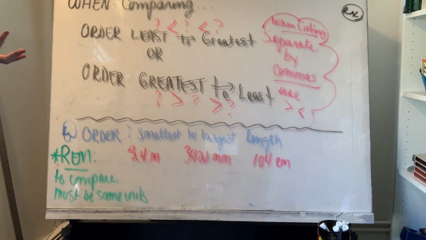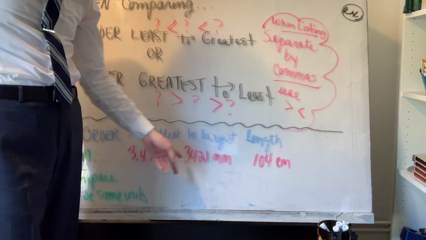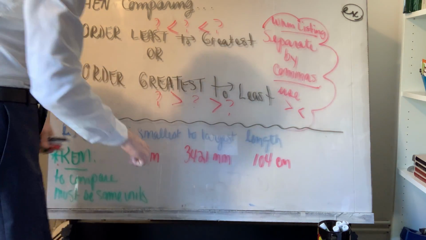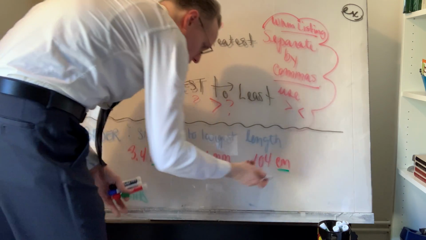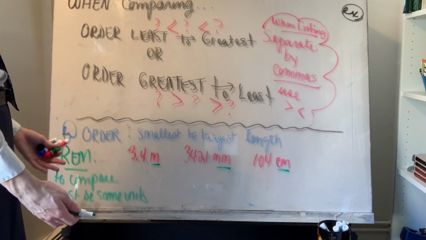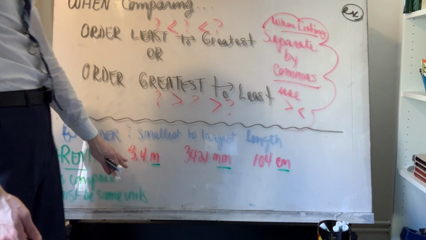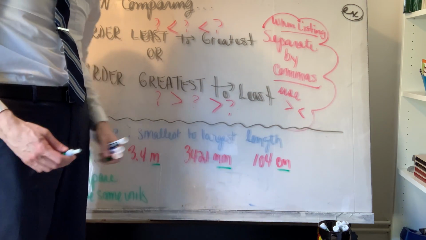Now, unless they specify, you can do whatever is intuitive to you. You can make them all meters, or you can make them all centimeters, or all millimeters, whichever you really prefer. It's the order of the figures, from smallest to largest, that is important.